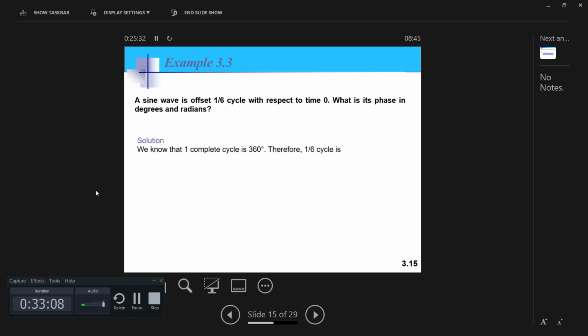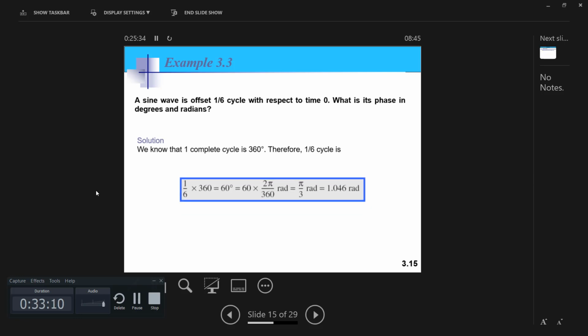So 360 divided by 6, it's 60 degree. This 60 degree I need to convert to radian, so multiply by 2 pi over 360. Okay, so this is the definition of the phase. And also take care about the units, if I need it in radian, degree, or in cycle.